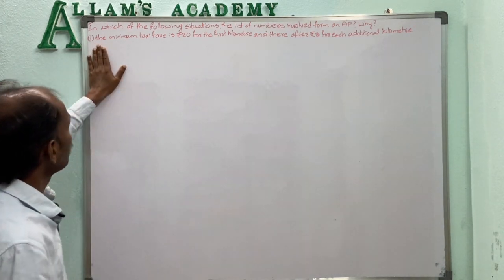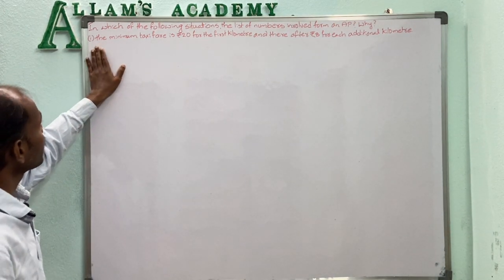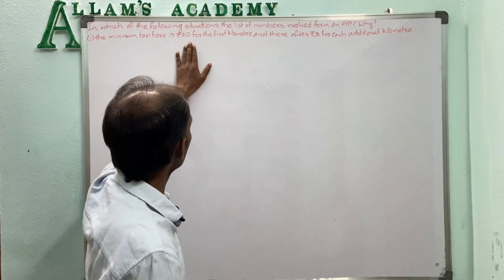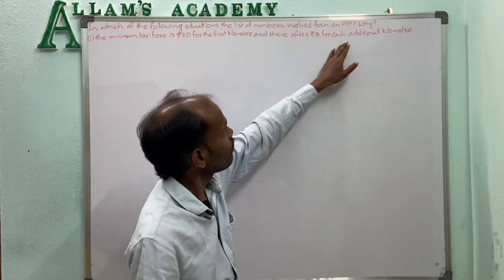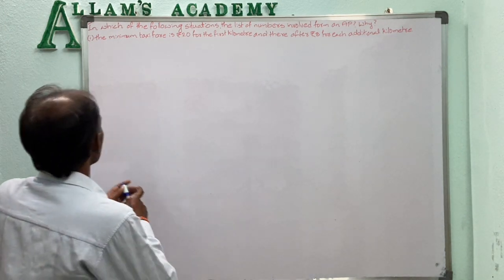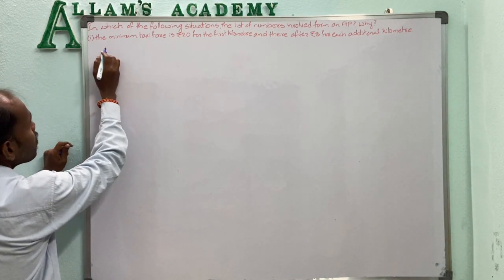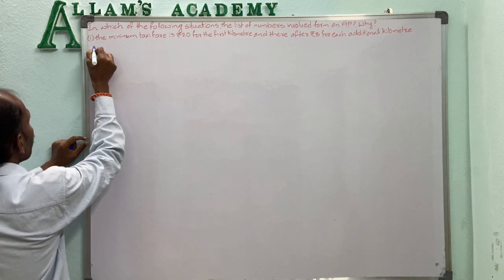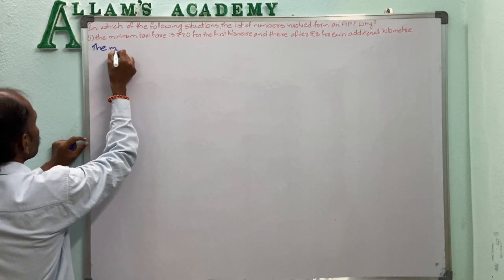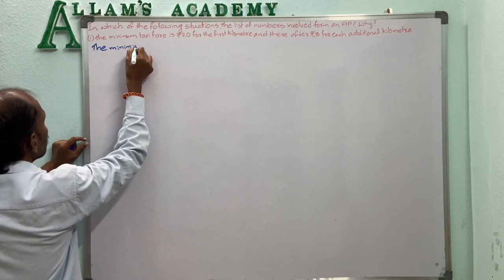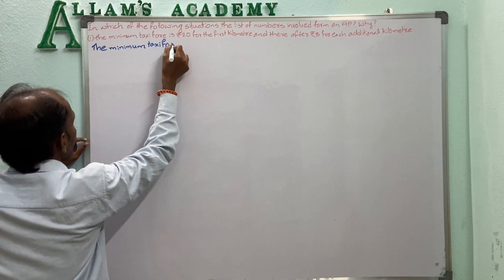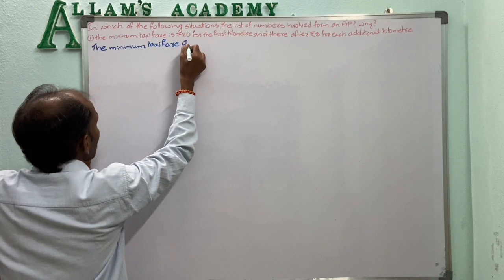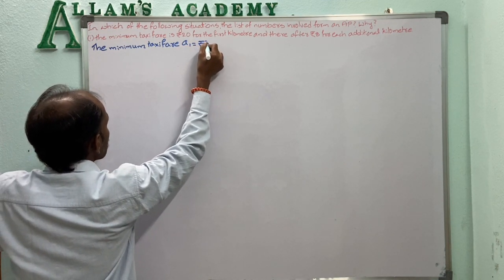Why? So the first problem is given as the minimum taxi fare is rupees 20 for the first kilometer and thereafter rupees 8 for each additional kilometer. So here the minimum taxi fare is taken as the first term, that is rupees 20.